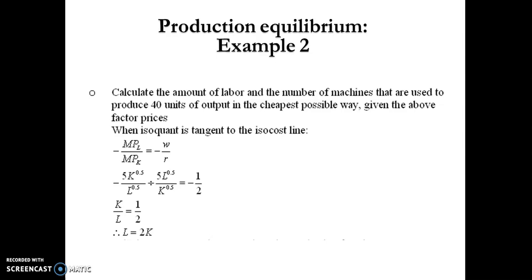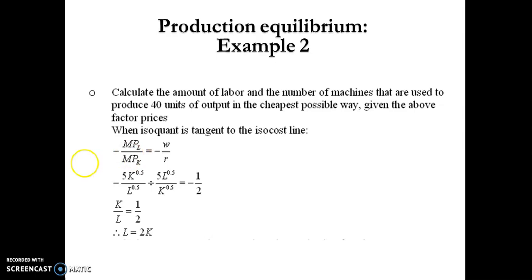Now, the slope of your isocost line, you saw, was the ratio of your input prices, W over R, and the slope of your isoquant is the marginal rate of technical substitution, and that is given by the ratio of your marginal product of labor divided by your marginal product of capital. Right? And we know both those slopes are downward sloping, so they would be negative.